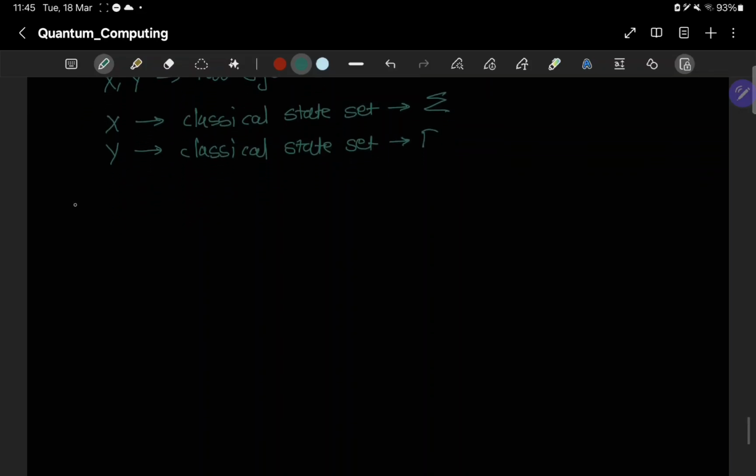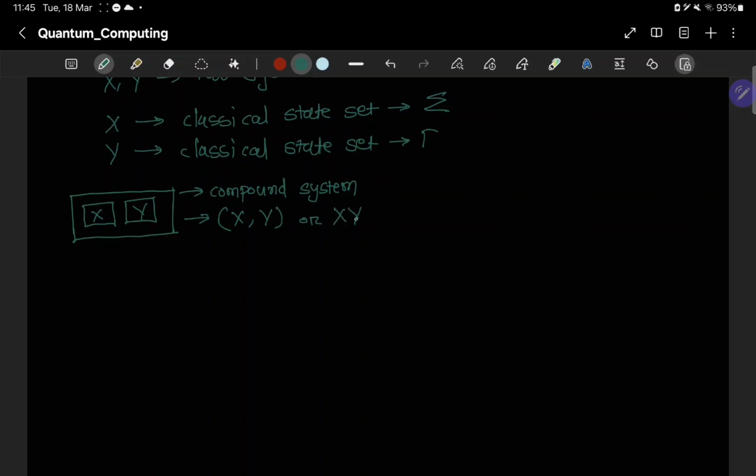And now let's consider a compound system where we have X and Y together. So this, as a single system, we call a compound system. A compound system is made up of a lot of individual systems. We also denote this compound system as X and Y in brackets, or directly as XY.